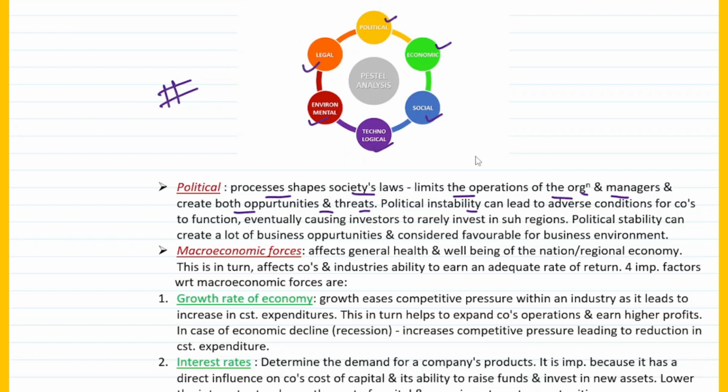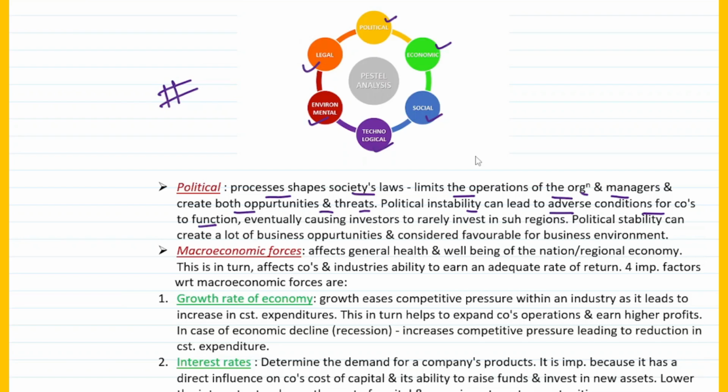So political instability can lead to adverse conditions for companies to function. That is obvious, because if a country's politics is not stable, the working conditions for the companies may not be very good. So they may be very adverse, because they never know what will happen. If a new party comes into the regime, automatically all the policies and the framework may change, which may be good or may not be.